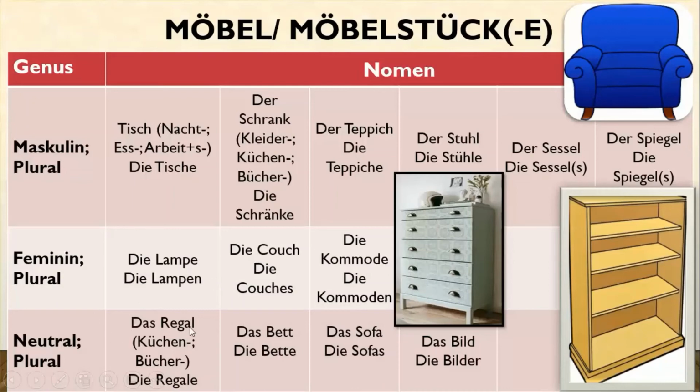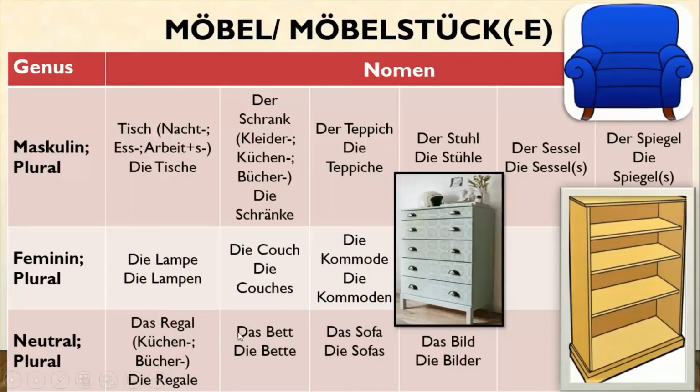Then if we have a look at the neutral nouns, we have das Regal, which can have some variations. Regal is some shelves built like this, or even if they are shelves just attached to the wall. Küchenregal.